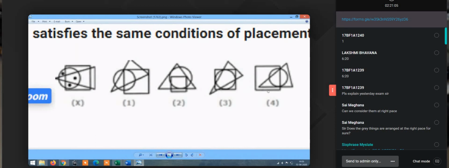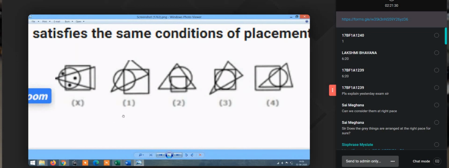So 3 is wrong. And again, when it comes to fourth one, guys, you can see the 3 overlapping areas are there. No problem. Again, square and circle overlapping area is also there. What is not there is just circle alone area. So that is why 2, 3, 4 gets eliminated.